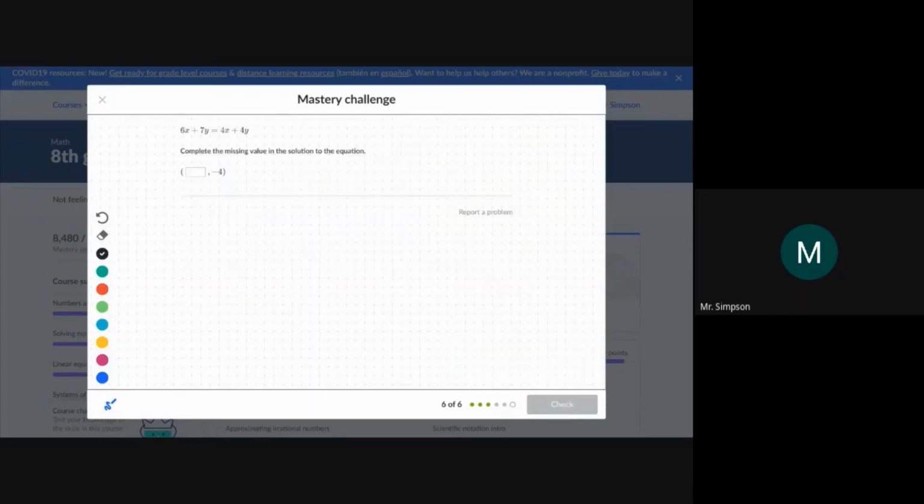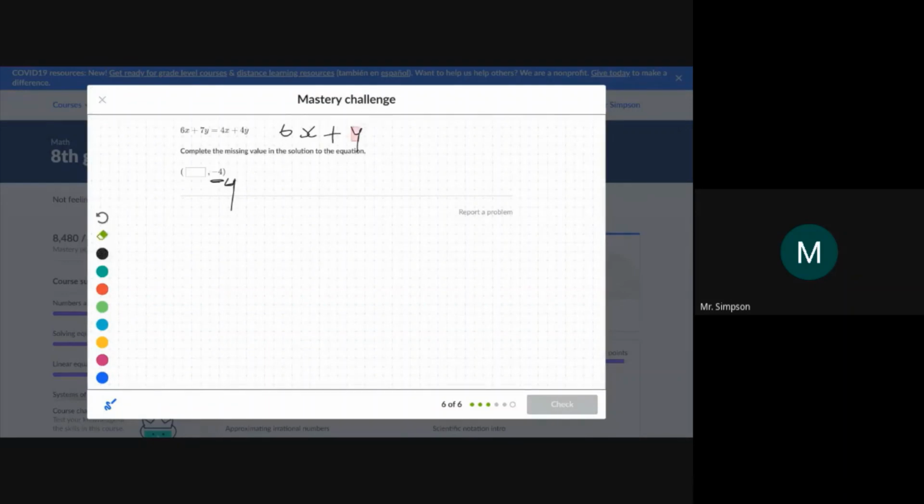Now we already have the y value, we just need to find the x value. So wherever we see a y in the equation, we're going to put -4. So here we have 6x plus 7y, but y is -4.